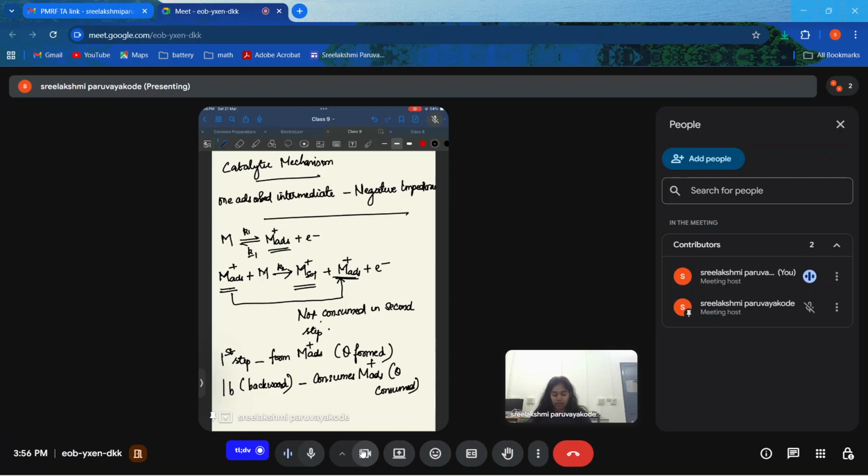Now in the second step, you see there is no formation or production of theta.